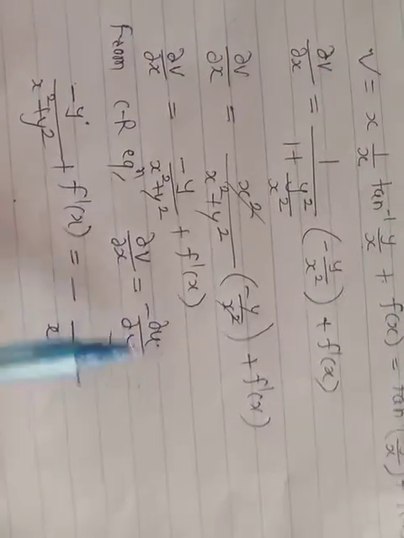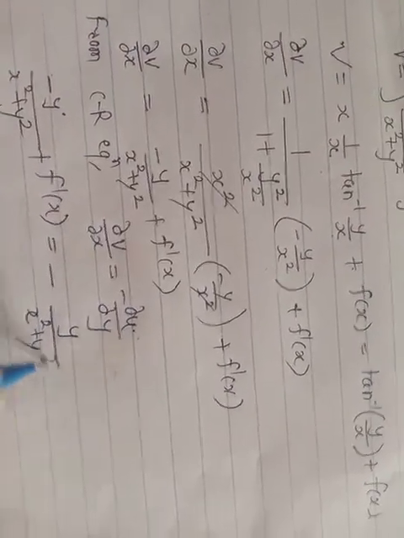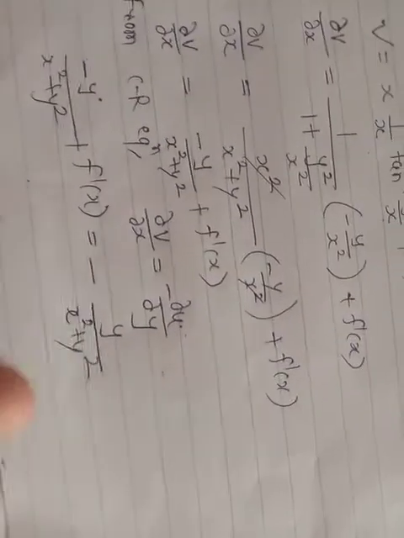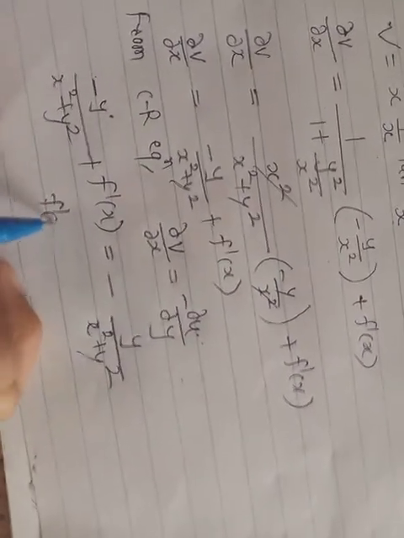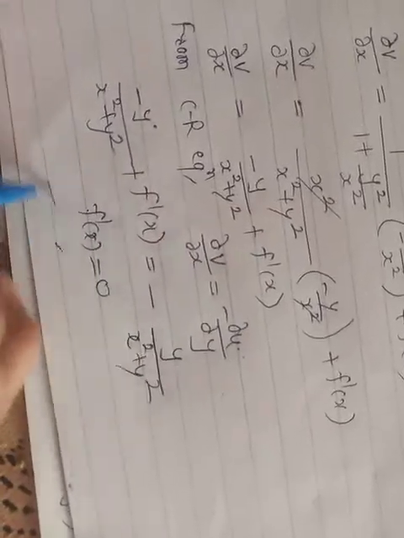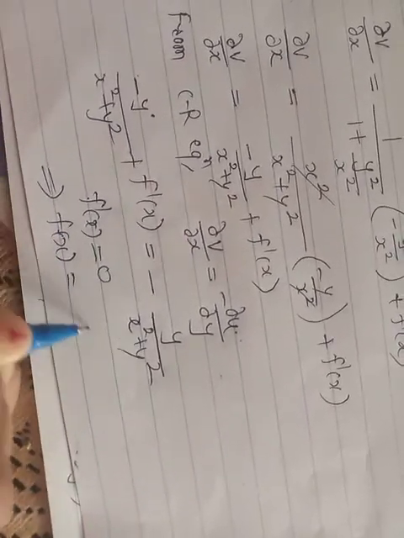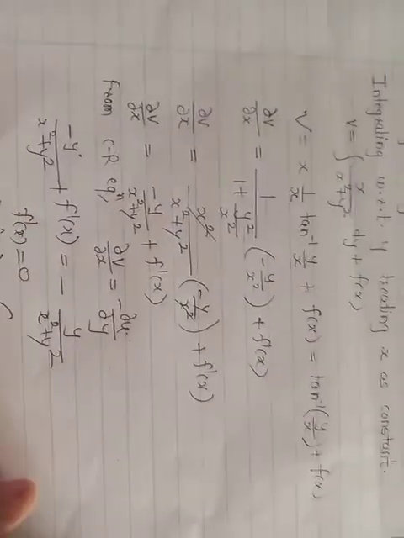So here if we put the value, then we will get these two terms are equal. So from this easily one can say that f'(x) must be 0, which implies f(x) must be some constant.